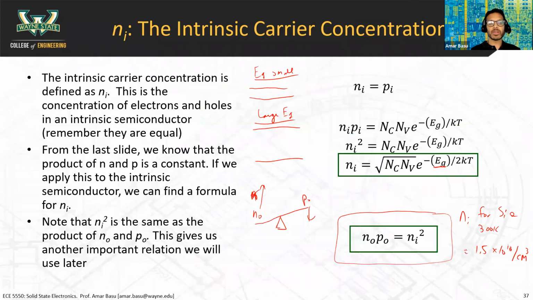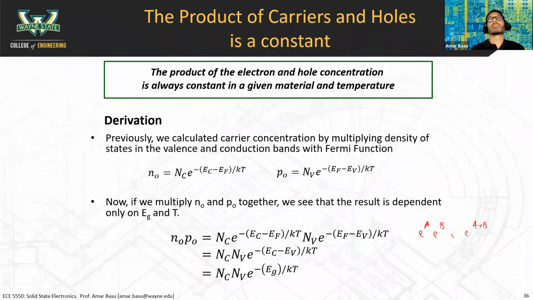The homework questions that you're going to be getting is that you're going to be asked to calculate the electron concentration and the hole concentration. So all we're saying here is that N sub C and N sub V, you can find those as well.